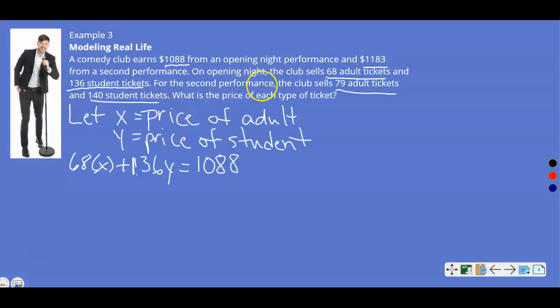And then it says for the second performance, the club sells 79 adult tickets, again, remember, that is x. And then plus 140 student tickets. We're adding because they sell adult tickets and student tickets, so we add to get the total number of tickets sold.